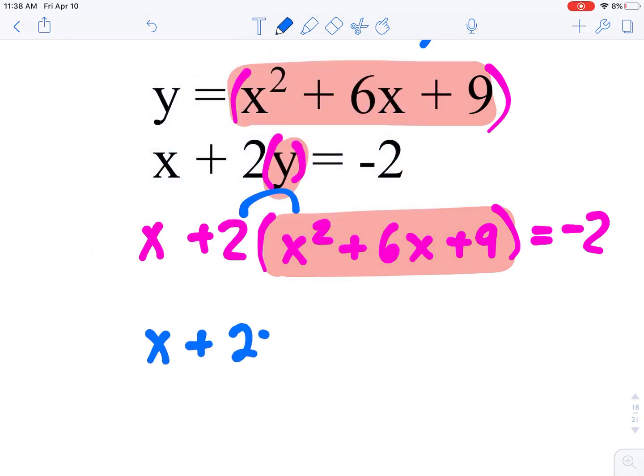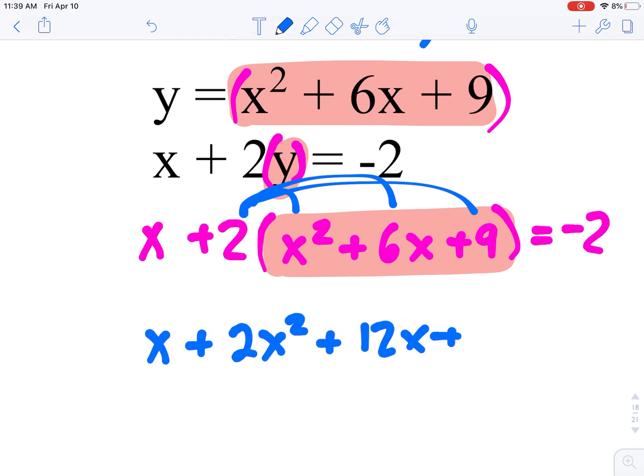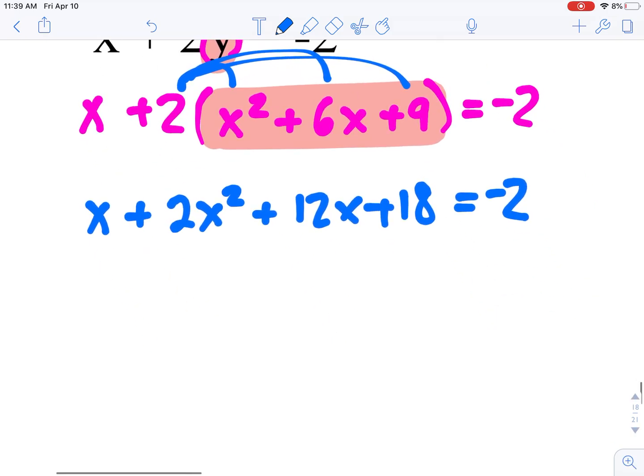So we have x, and I'm going to distribute my 2. So 2x squared plus 12x plus 18 equals -2. And let's get this organized so that we're able to factor it. Combining like terms, I'm going to combine here my x with my 12x.